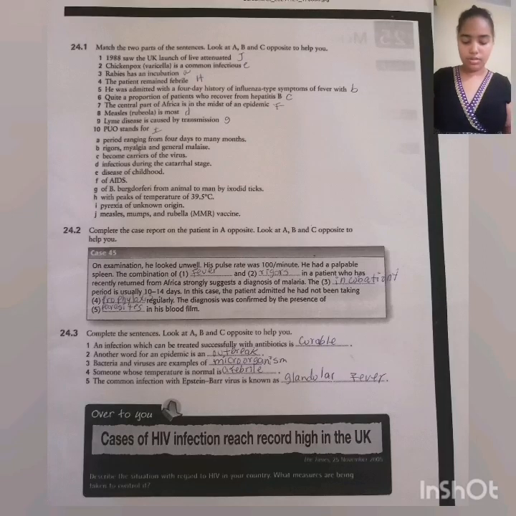Bacteria and viruses are examples of microorganisms. 4. Someone whose temperature is normal is affable. 5. The common infection with Epstein-Barr virus is not a glandular fever.